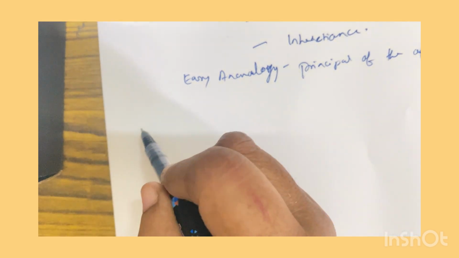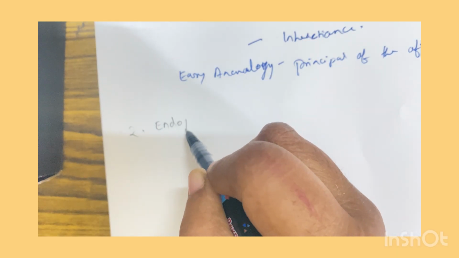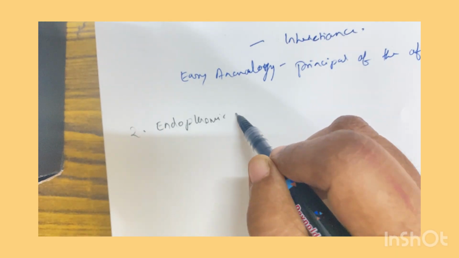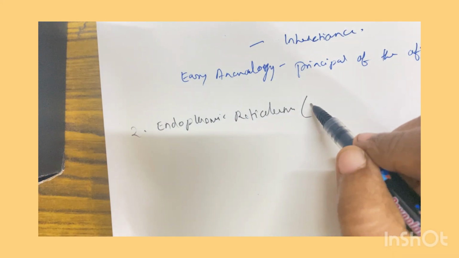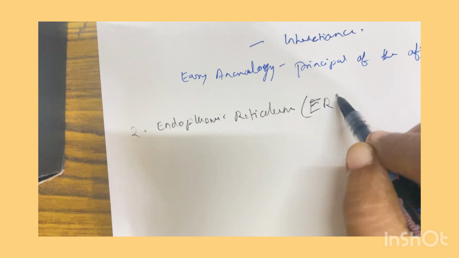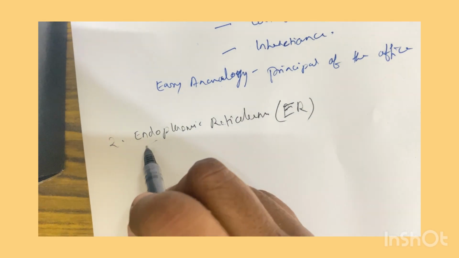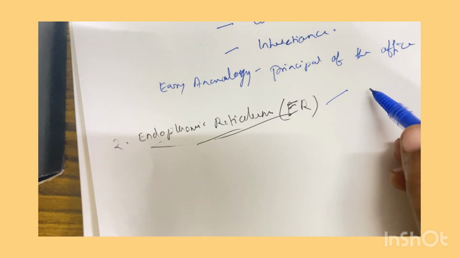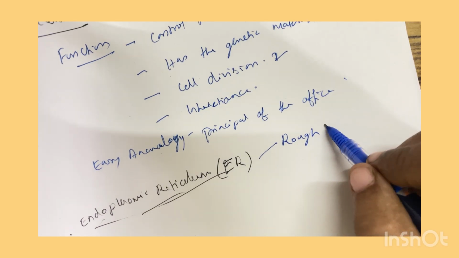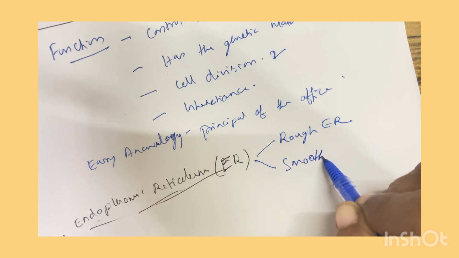The next organelle is the endoplasmic reticulum. Endoplasmic reticulum, in short we call it ER, okay. Now this endoplasmic reticulum has two types. One is the rough ER, and the other is the smooth ER.